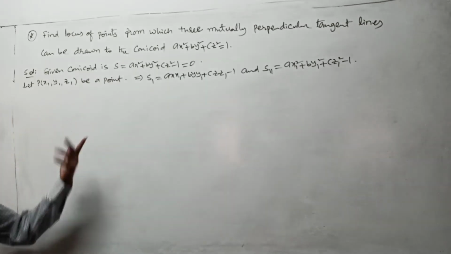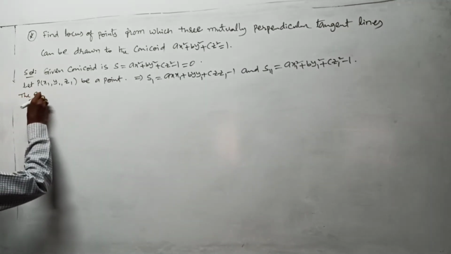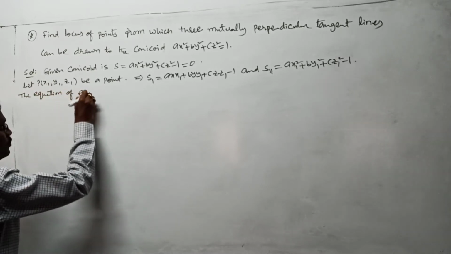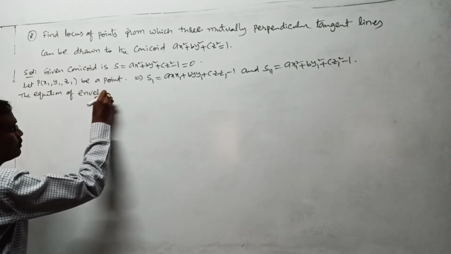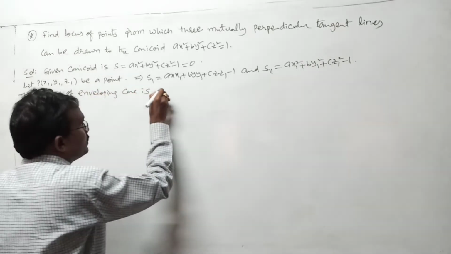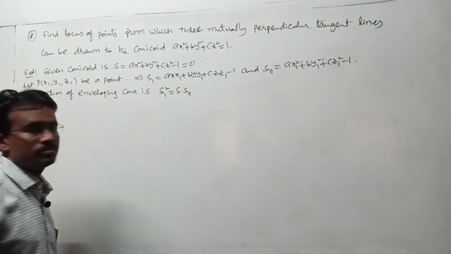Now define the equation of the enveloping cone. The equation of the enveloping cone is S1 square is equal to S into S11.